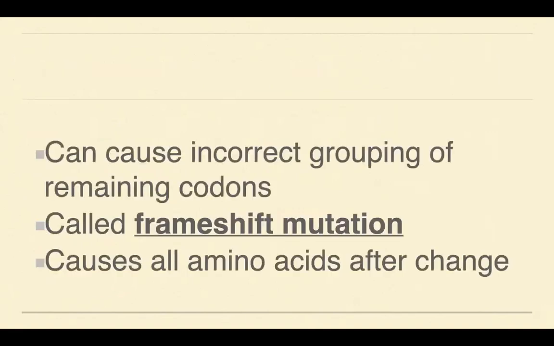Then you have a deletion. A deletion is where one or more nucleotides is lost. This is going to end up in something called a frameshift mutation, because if I've got, let's say, GACCATT, that would transcribe to CUGGUAA.